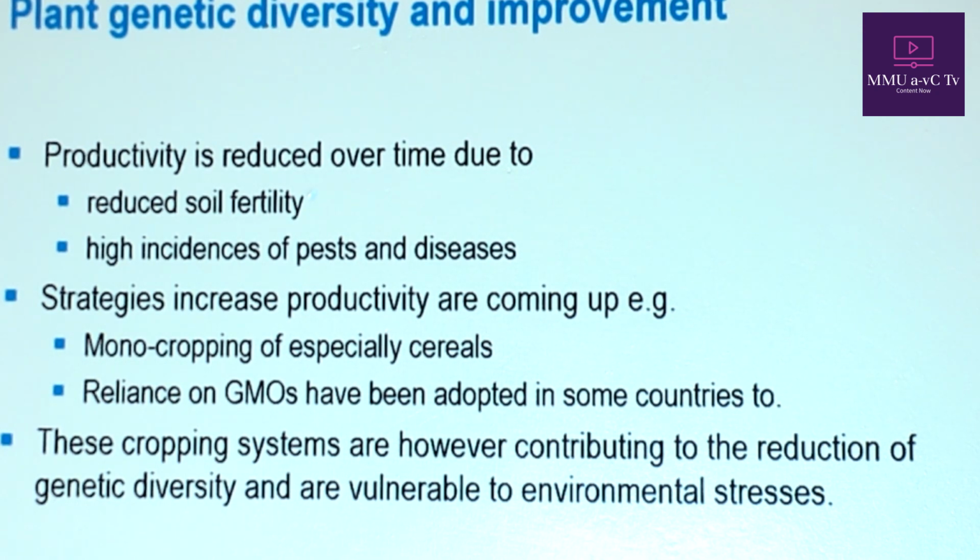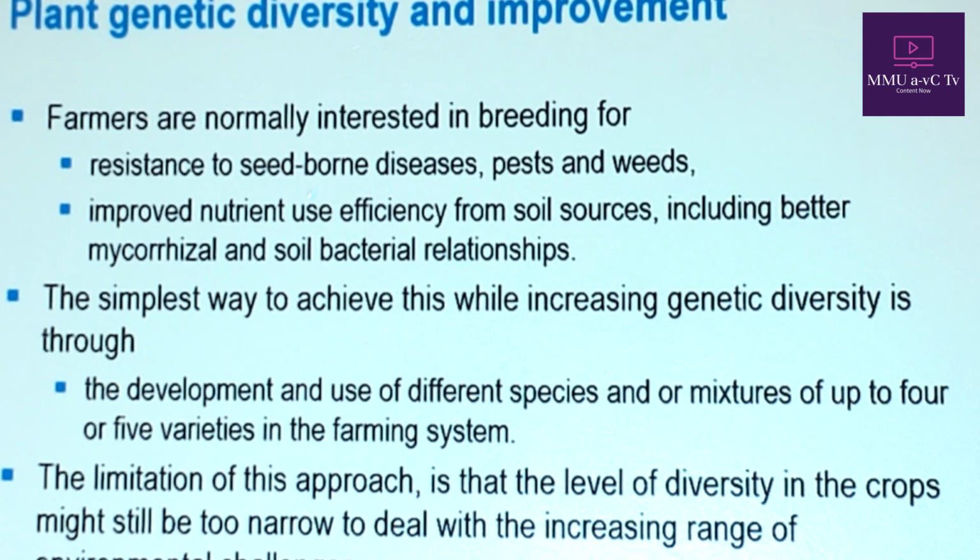So with these limitations, we have to find ways of how to bring genetic diversity without necessarily relying on GMOs. The cropping systems that we have mentioned above, monocropping and GMOs, also create environmental stress to other elements on the farm.